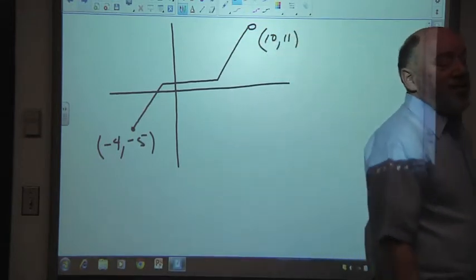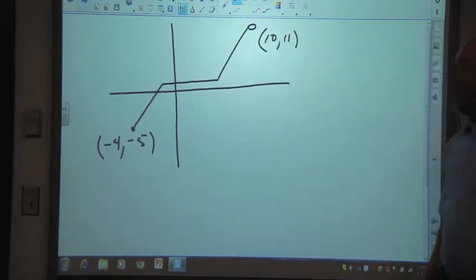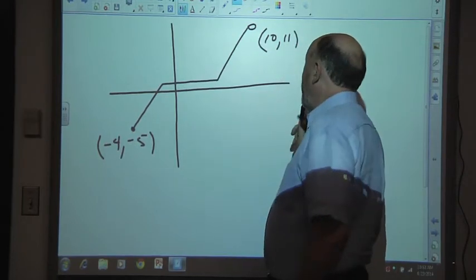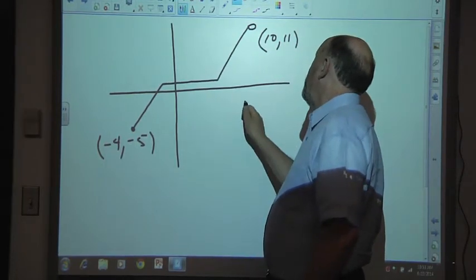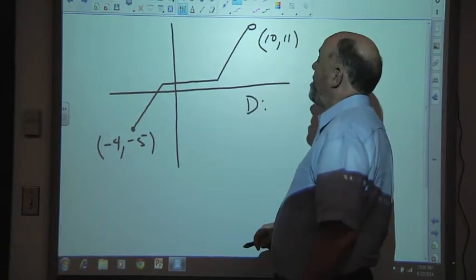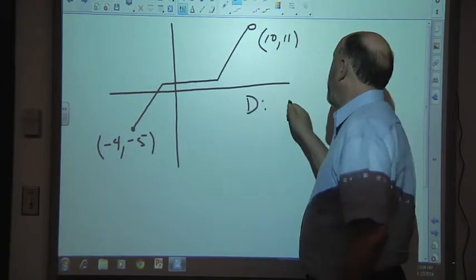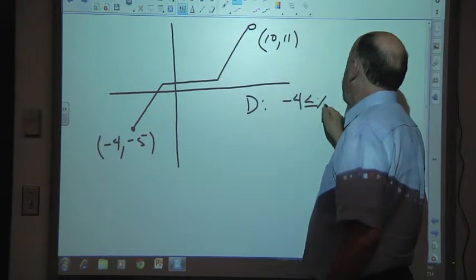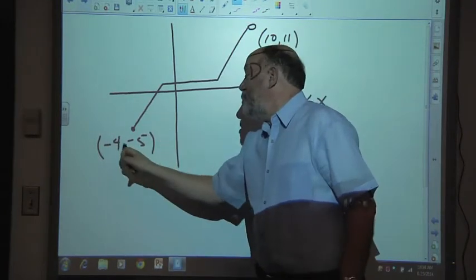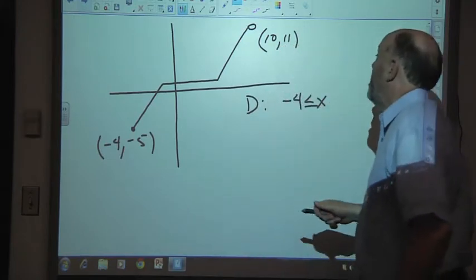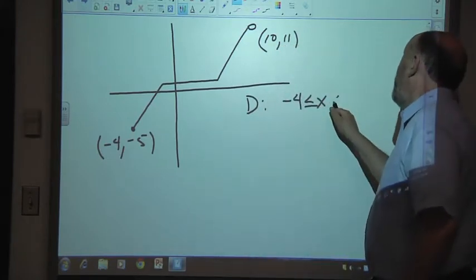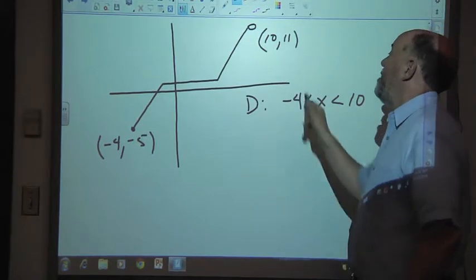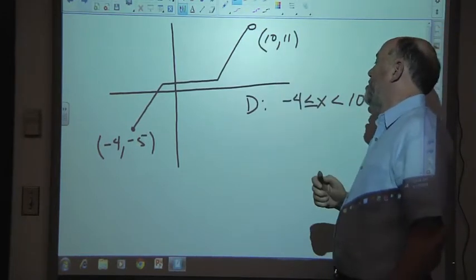So first off, is it a graph of a function? Yes, it is, because everywhere along here, it only cuts it in one spot. And then I want to know what is the domain? Well, the domain here is from -4, and it's a closed circle, which means it can be -4, and then up to 10, but not including 10, because 10 has the open circle.